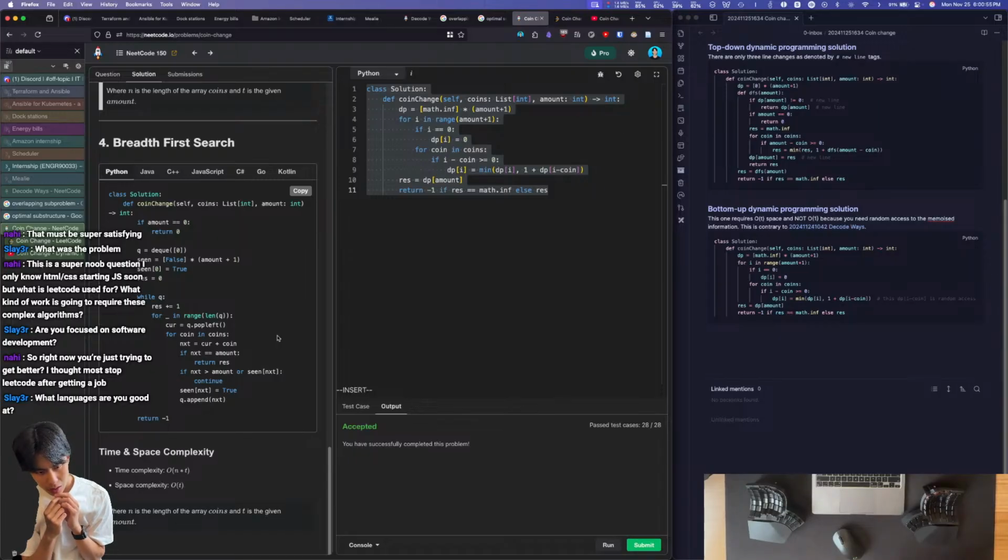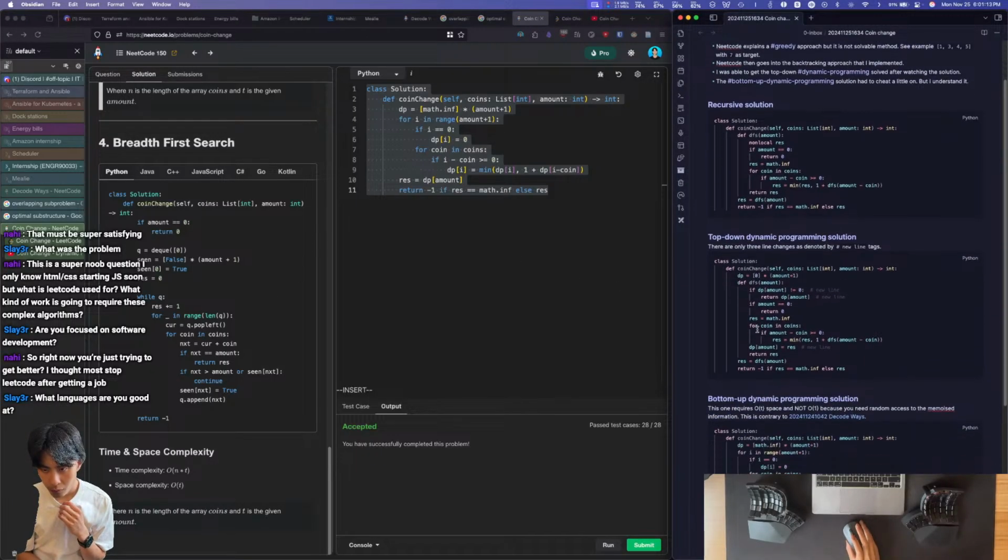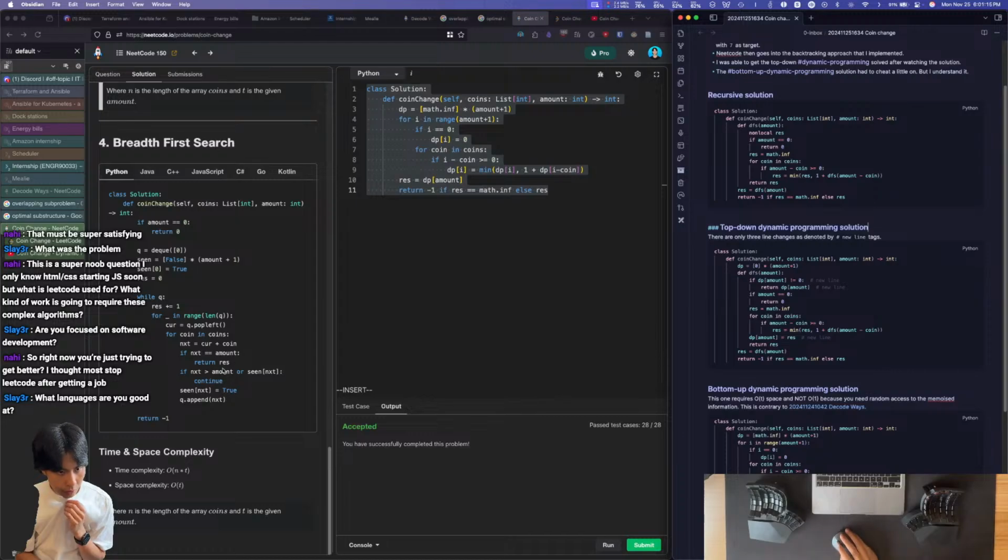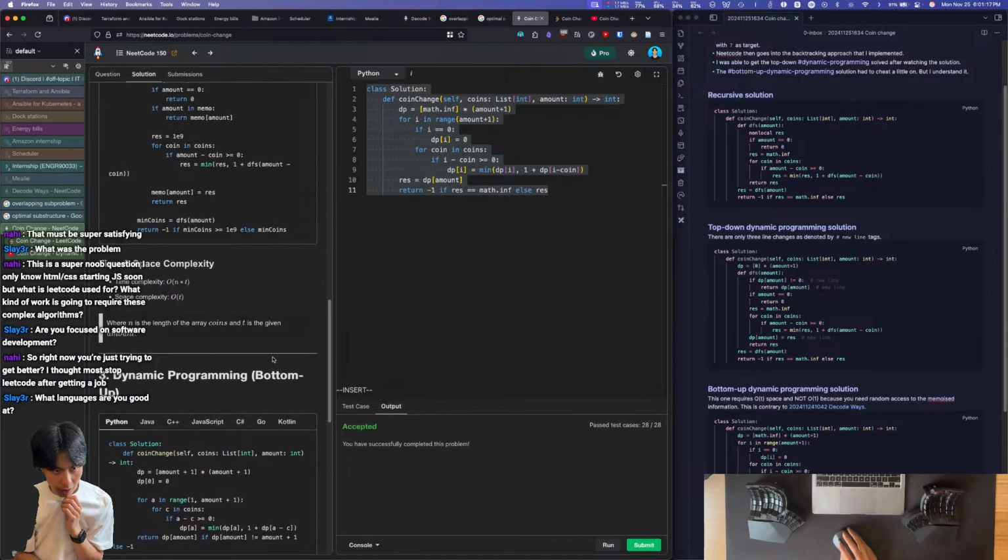Okay. N times t, where n is the length of the array and t is the given amount. Hold on. I've got to keep track of these times and space complexities as well here.